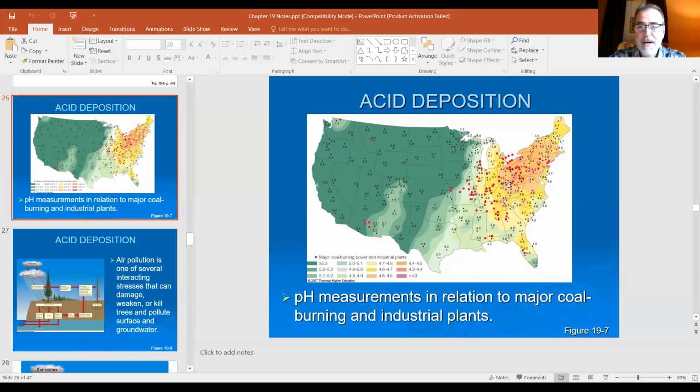So when states look at their own self-interest and it affects their neighbor state, in this case maybe acid deposition from the burning of fossil fuels, the states that are most affected have limited ability to do anything to get the other states to not burn so much stuff. So that would be some of the reasons why it's politically difficult to control.